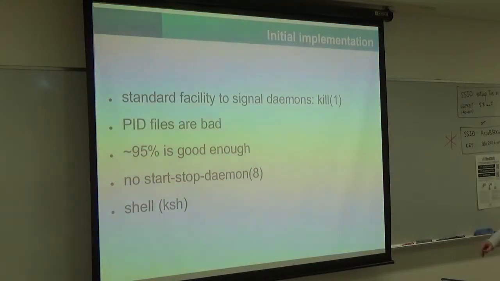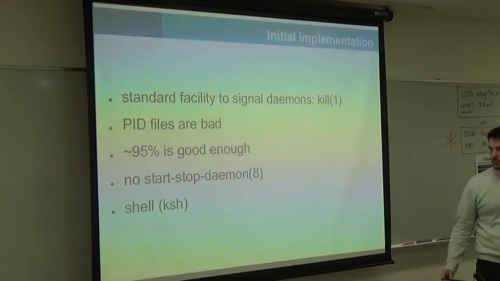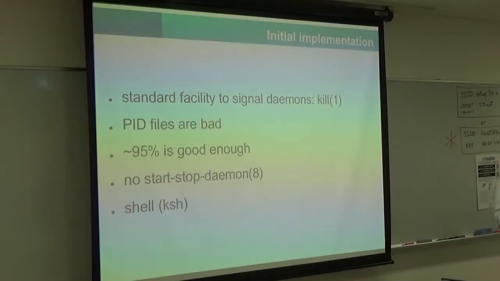So that complicated things for no real benefit for us. We really wanted to target like 90 to 95% of whatever the user would run. We didn't want something that would handle everything, so nothing like start-stop-daemon to control the daemon startup and creation and stuff like that. And of course, since the whole RC system was already in shell, we kept using it, for better or worse.